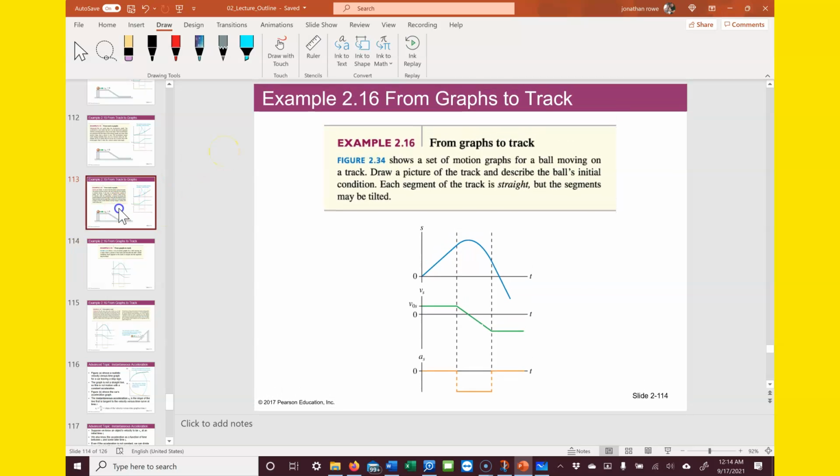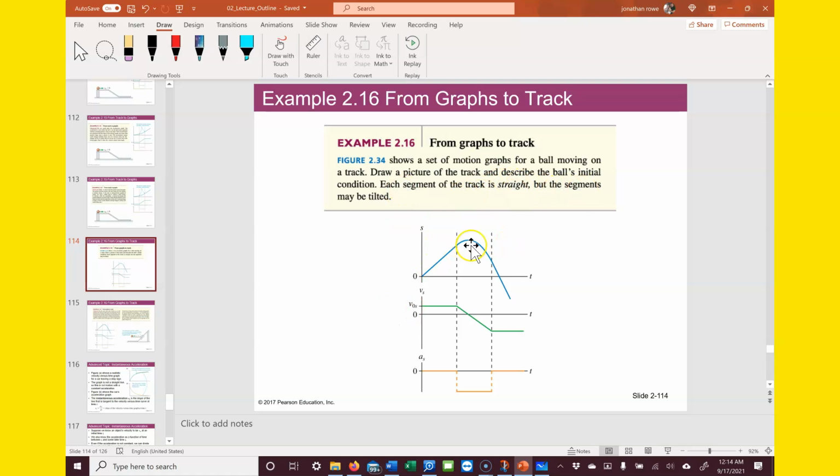All right, another example. Figure 2.34 shows a set of motion graphs for a ball moving on a track. Draw a picture of the track and describe the ball's initial condition. Each segment of the track is straight, but the segments may be tilted.